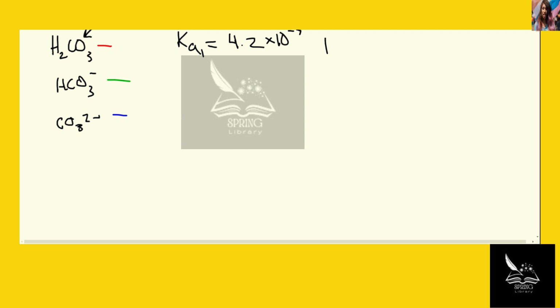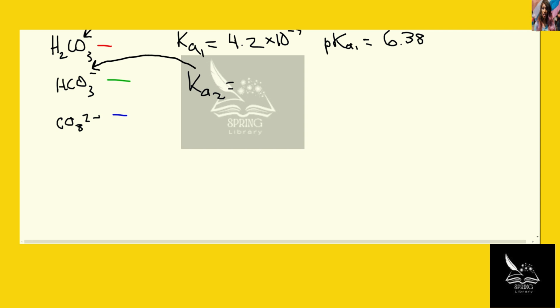So then the pKa, which is the negative log of 4.2 times 10 to the negative 7, will be 6.38.